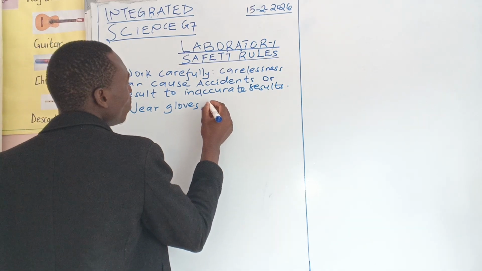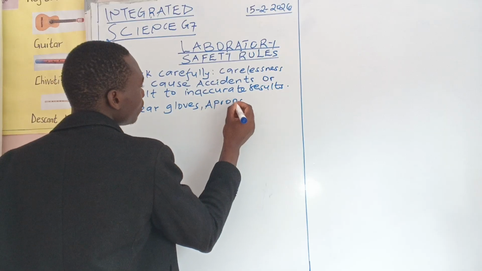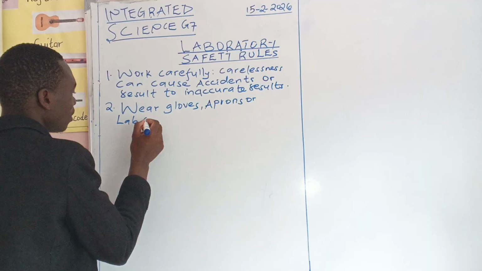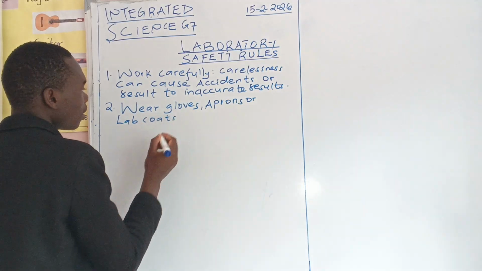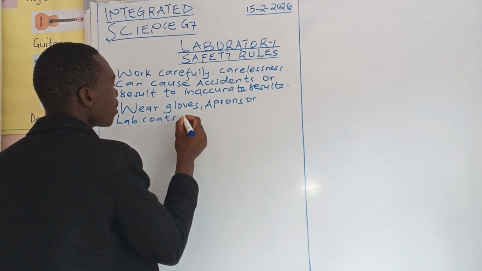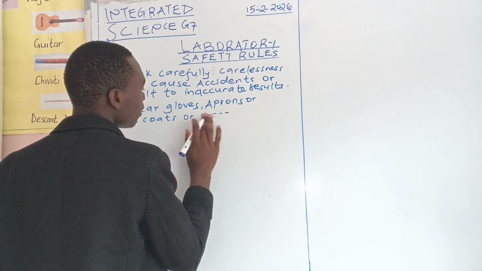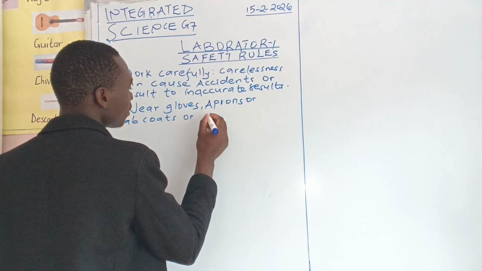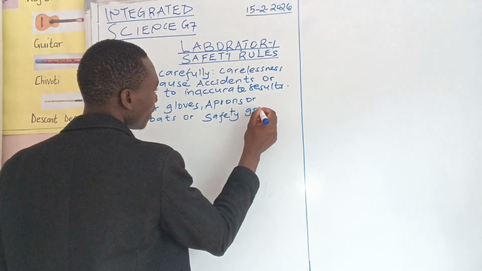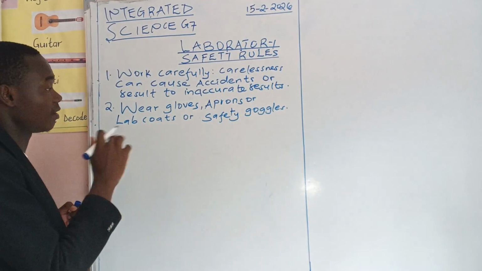We can also wear aprons or laboratory coats, or rather we can wear safety goggles. These are for the eyes.